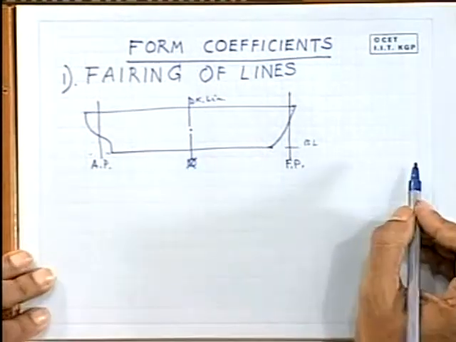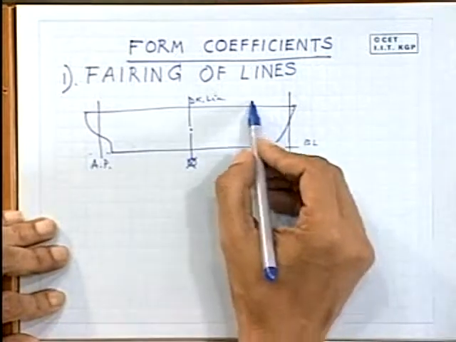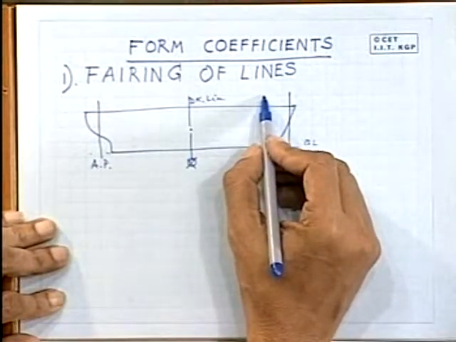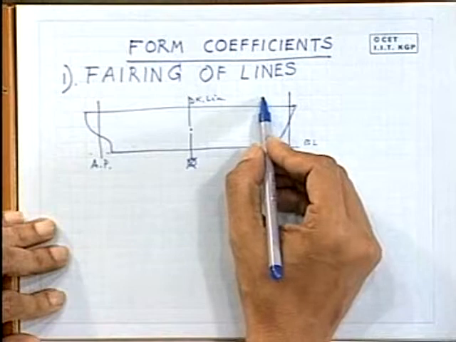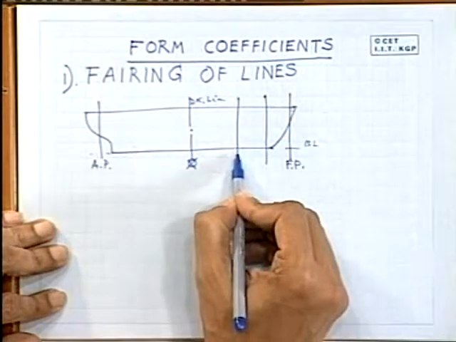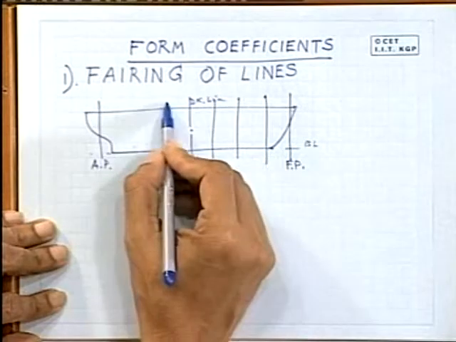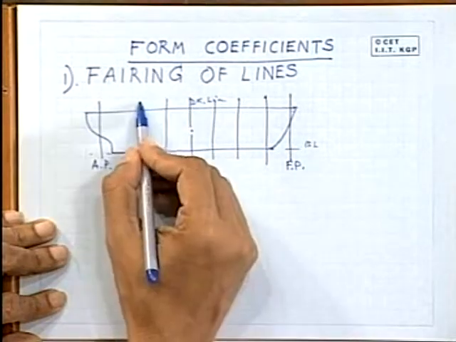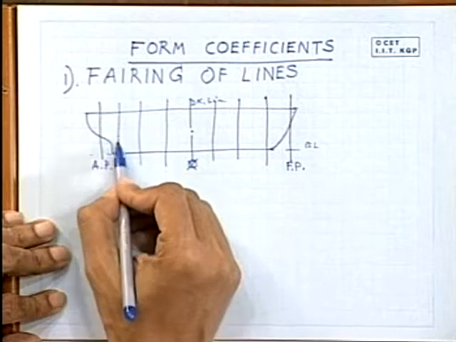In between FP and AP, the length has been divided into an equal number of stations. You can divide it into 10 or 20 stations as the geometry of the ship demands.